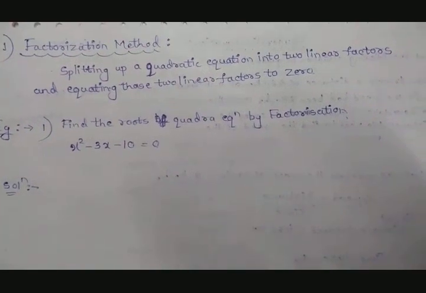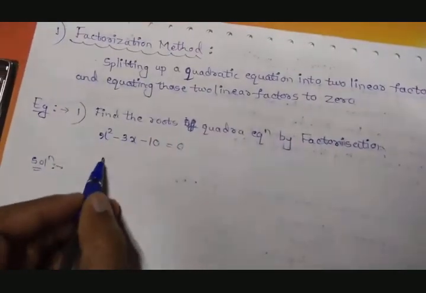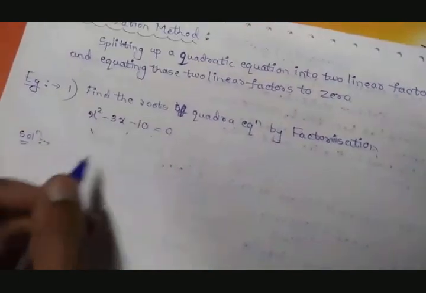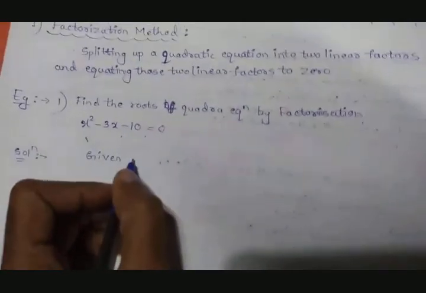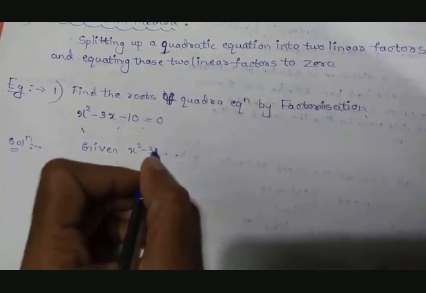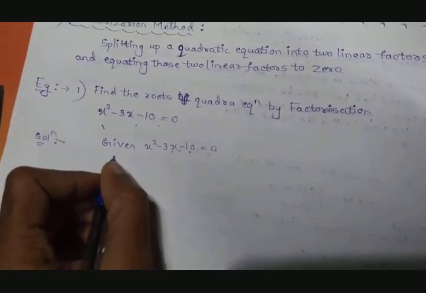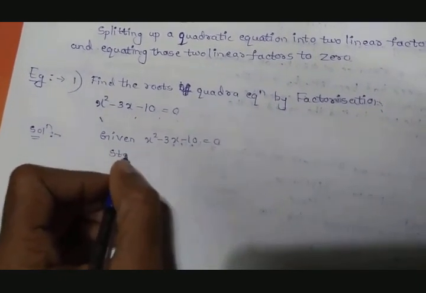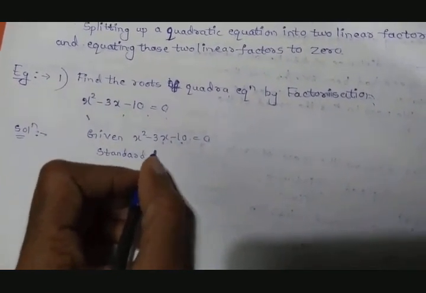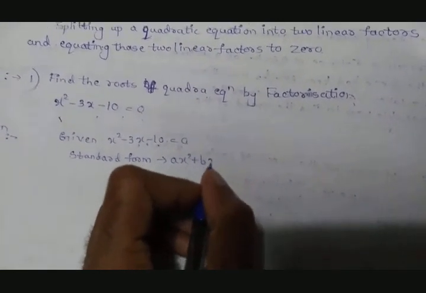Find the roots of the quadratic equation by factorization. The given problem is x square minus 3x minus 10 equals 0. First write down whatever they have given: x square minus 3x minus 10 equals 0. Then write down the standard form of a quadratic equation, which is ax square plus bx plus c equals 0.